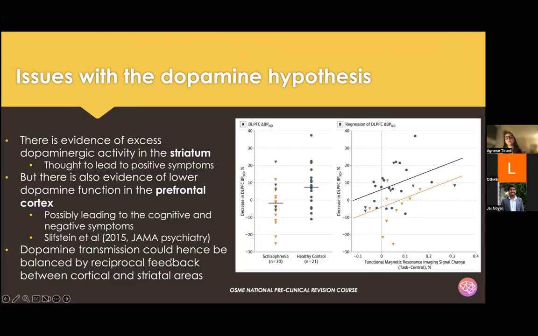So in schizophrenia, there's probably unbalanced dopamine transmission between the cortical and the striatal areas. So perhaps to do with feedback mechanisms.